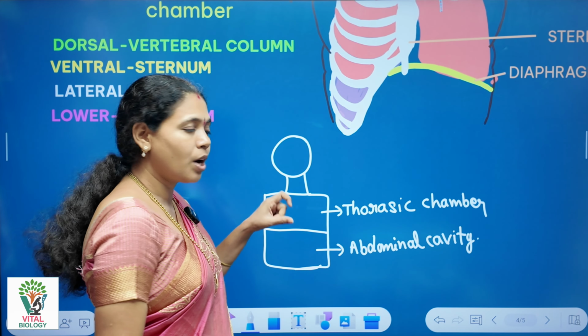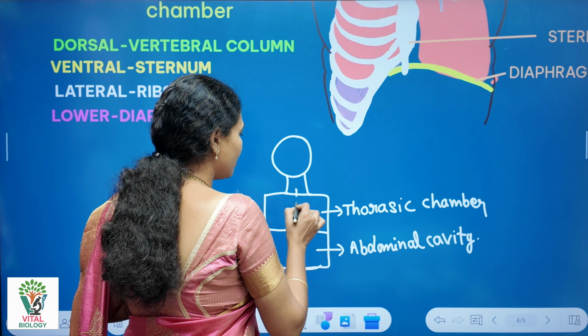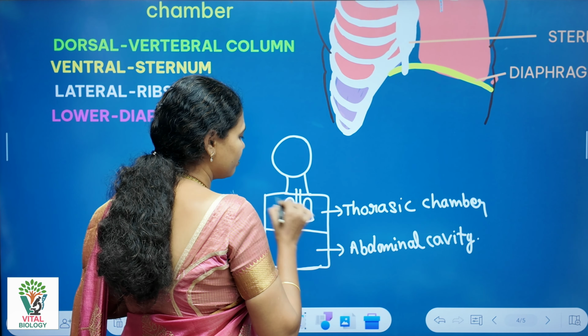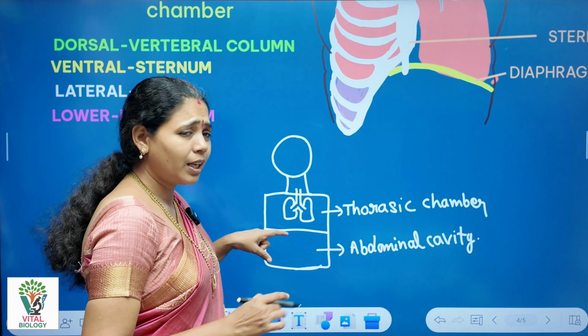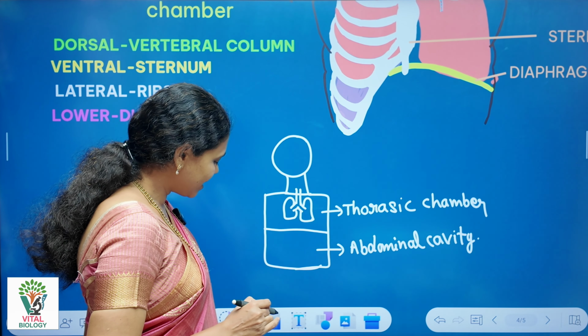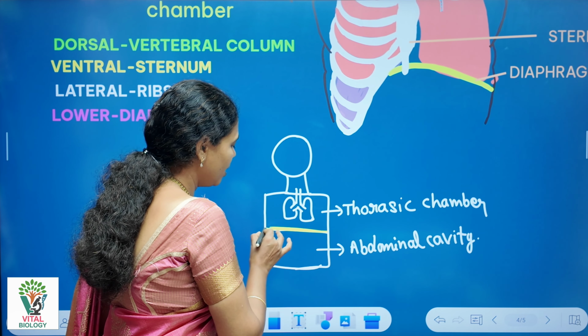Related to our respiration, the main vital organs are the lungs, and these lungs are present in this particular thoracic region. Here you can see one structure that divides the upper thoracic region and the lower abdominal region. That particular structure is nothing but the diaphragm.